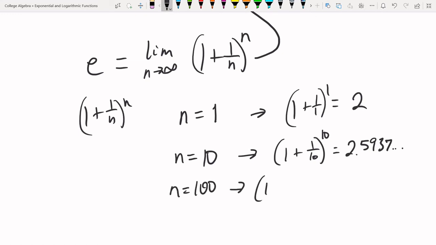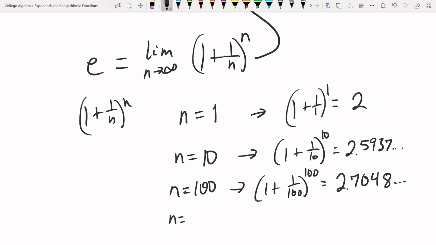If you plug in 100 into here, we get 1.01 to the power of 100, 2.7048, and it continues on.